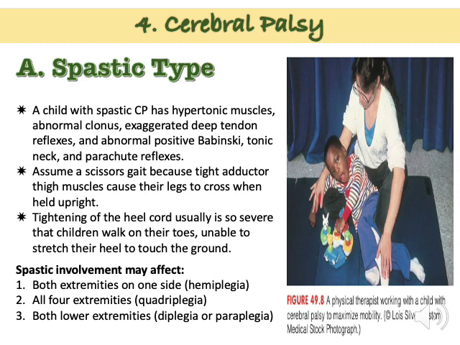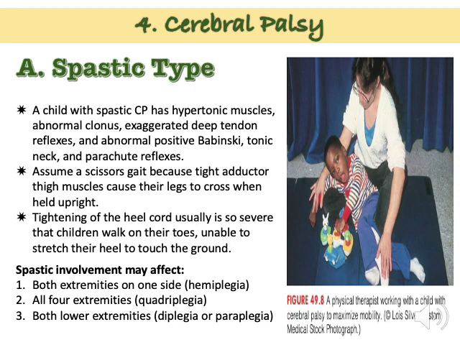Spastic type. Spasticity is excessive tone in the voluntary muscles. Approximately 40% of CP children have this type. It's also called pyramidal cerebral palsy. The other 3 types are called extrapyramidal cerebral palsy.